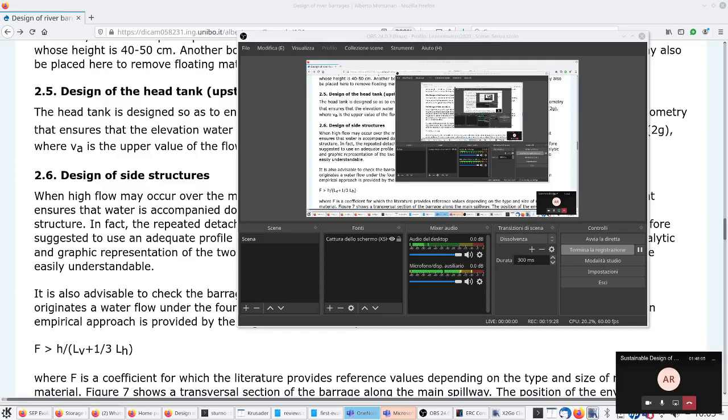So it's better that V is in the range, let's say, 0.2 to 0.5 meters per second. 0.5 is already maybe too large, okay? So V is known.